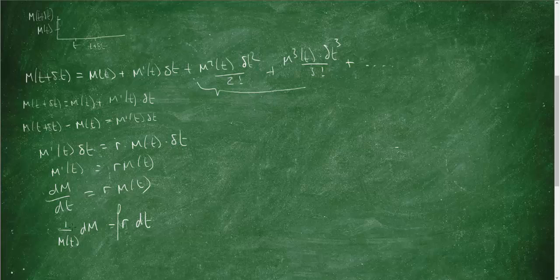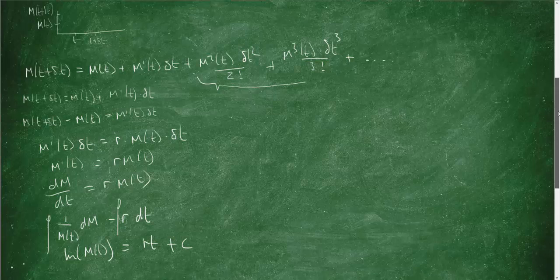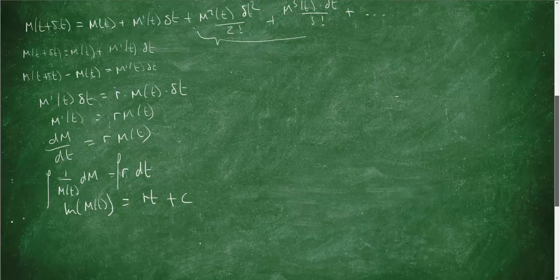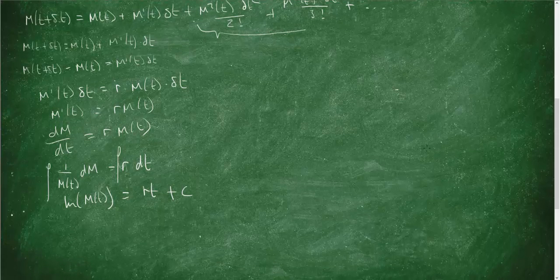Now we can integrate both sides. The integral of 1 over m of t is ln of m, and the integral of r with respect to t is rt, and we have a constant as well. So now what we can do is take the exponential of both sides.